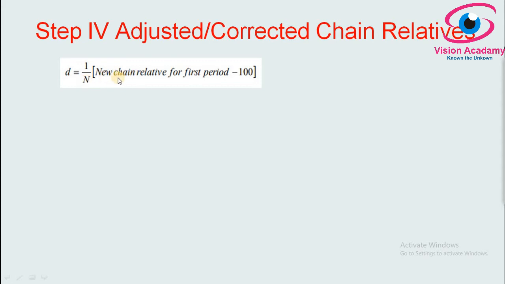So we need to find the new chain relative for the first period. In step number 3 we found the chain relative. Now we need to find the new chain relative. Very importantly, keep in mind, minus 100 we can apply to this formula. For that, firstly we shall find the new chain relative.